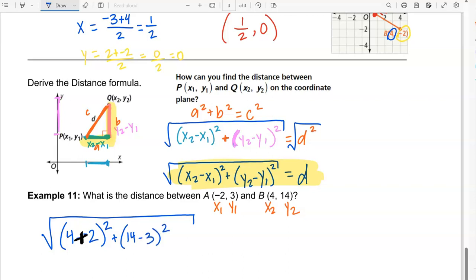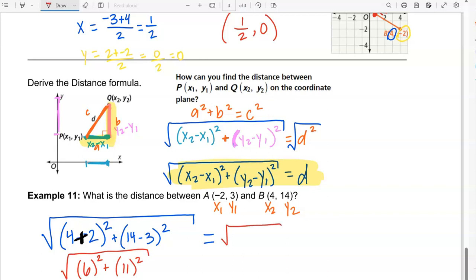We could plug that directly into your calculator, or we can solve this by hand. Let's solve this by hand, just so we have the practice. 4 plus 2 squared gives us 6 squared. 14 minus 3 gives us 11 squared.